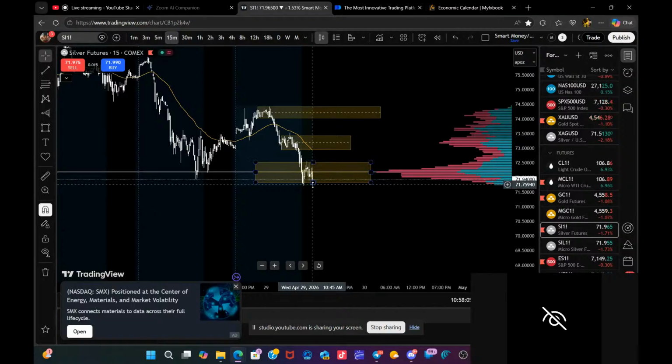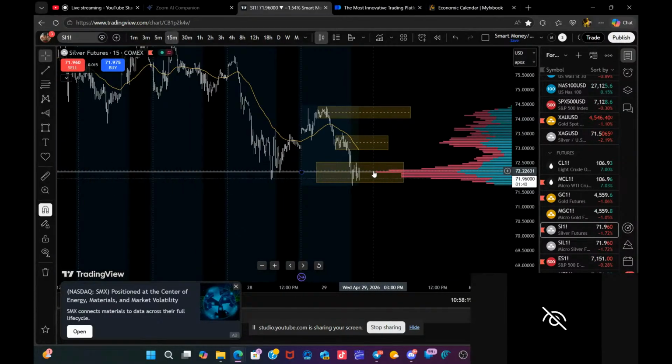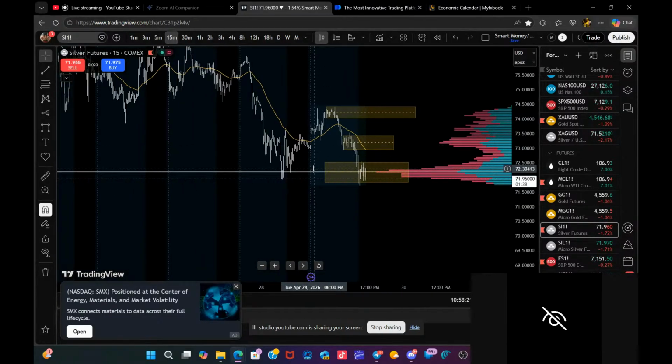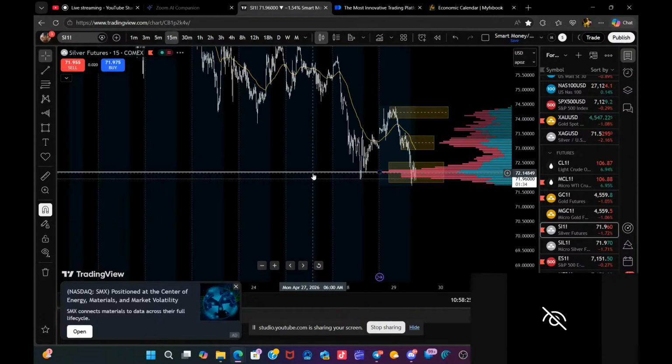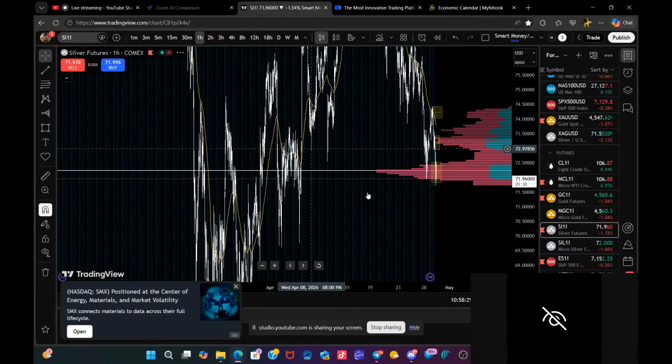If price keeps coming down, there's no data that I can read below this low for the current day. So if I want to see what's going on a little bit further down, what I do sometimes is I like to move the start of my volume profile somewhere where it's going to show me some data that's down there.